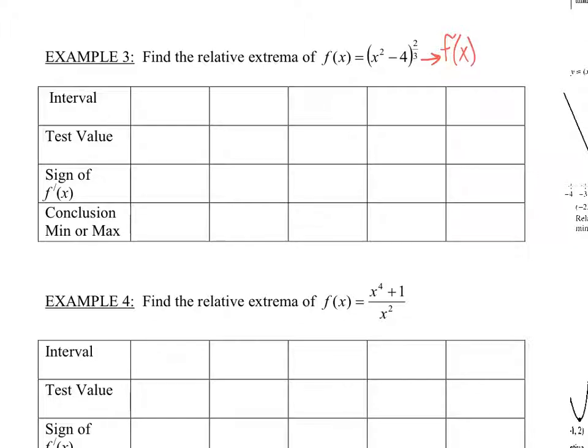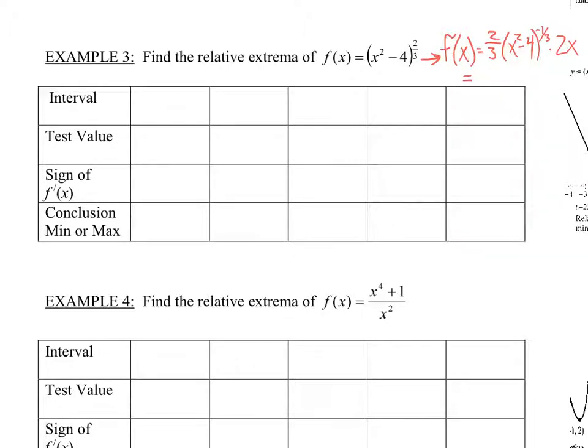2/3 x squared minus 4 to the -1/3 times 2x. So the negative 1/3 times 2x. Good. Now, let's simplify this a little bit.